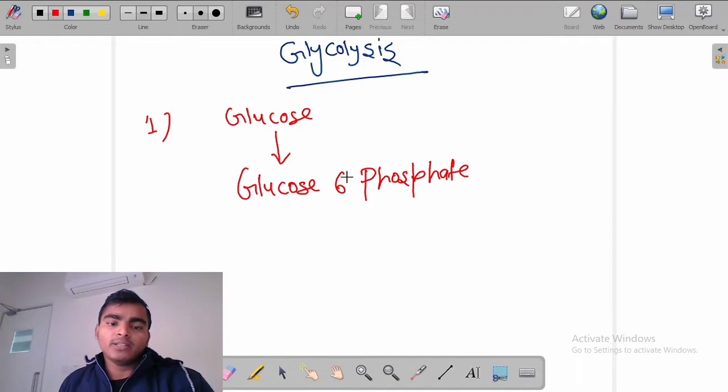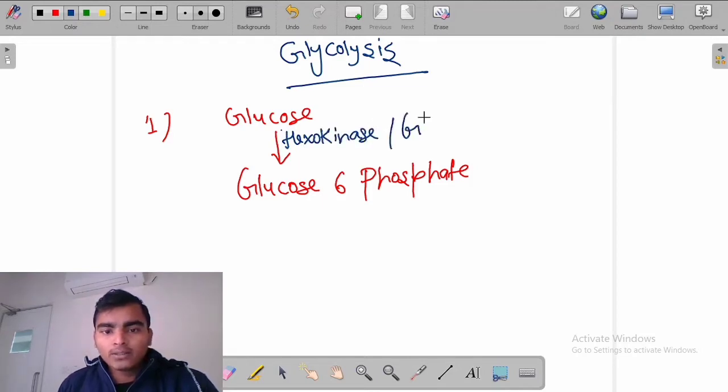How is this phosphate molecule added? With the help of an enzyme known as hexokinase or glucokinase.